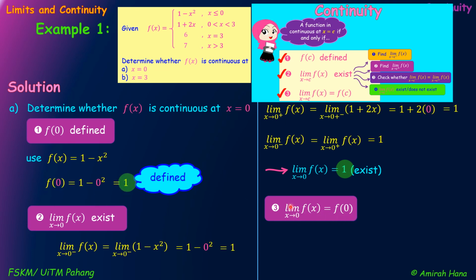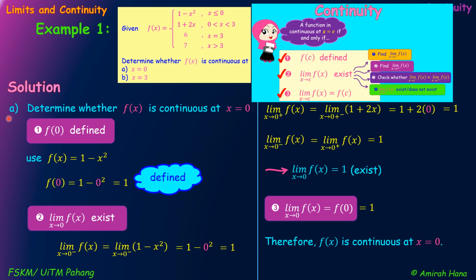So we can write limit x approaches 0 f(x) equals f(0), which equals 1. Then we can conclude that f(x) is continuous at x equals 0 because all three conditions are passed. So this is the conclusion.